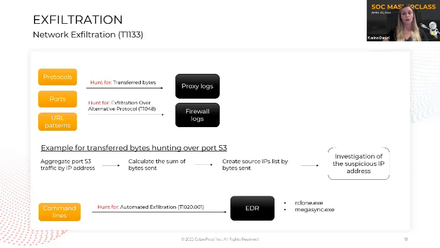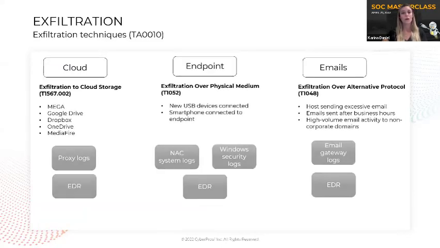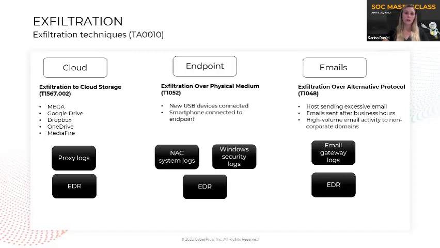Also, we can hunt for use of protocols such as FTP, SFTP, or SSH. Those protocols are also very common for exfiltration. And the last thing we can hunt for is Tor traffic or Tor domains. And in general, there are many different ways to do exfiltration.